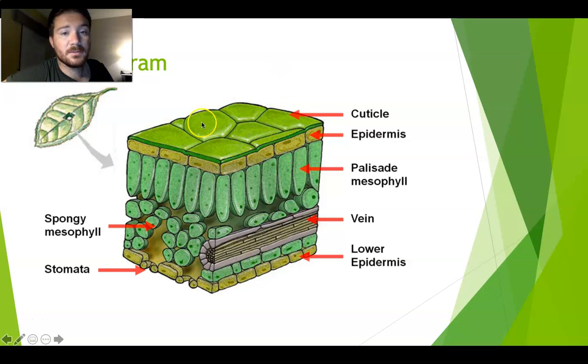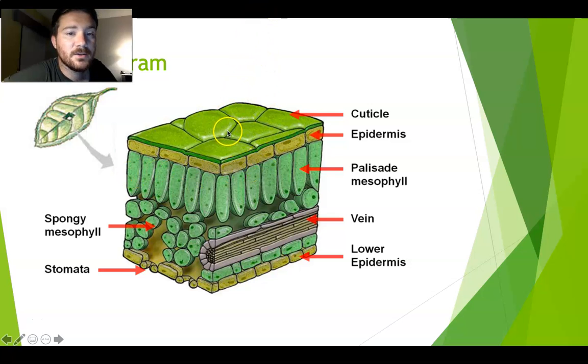Really, its job is for protection. Then you have the epidermis. This epidermis is just one last layer of preventing the leaf from being harmed before we get into the palisade mesophyll. Palisade mesophyll is where most of photosynthesis takes place.